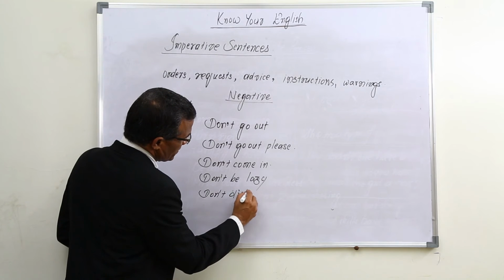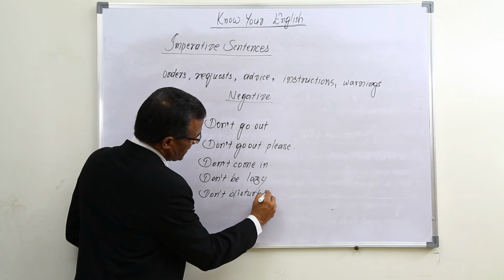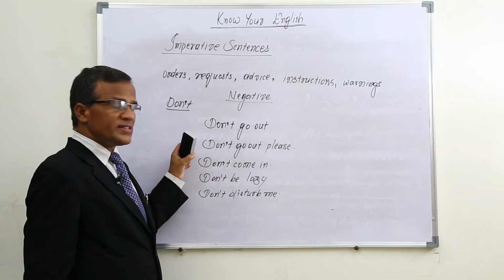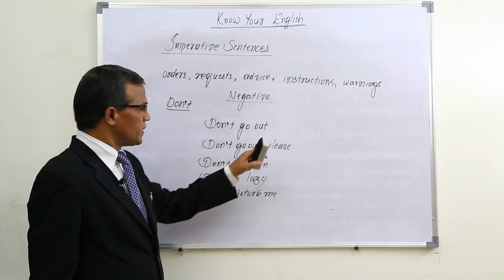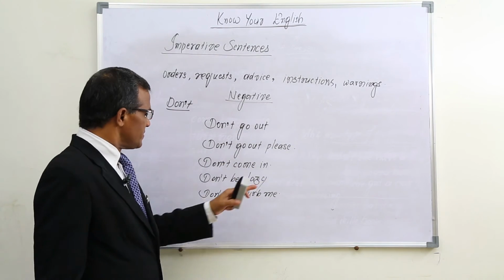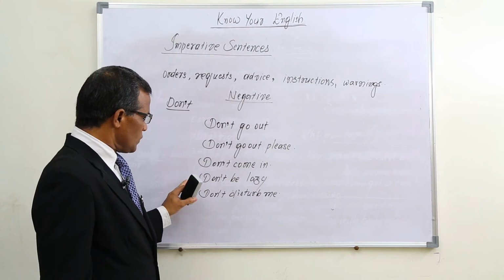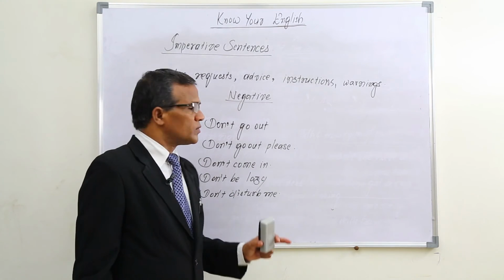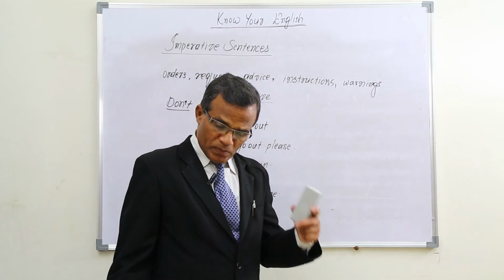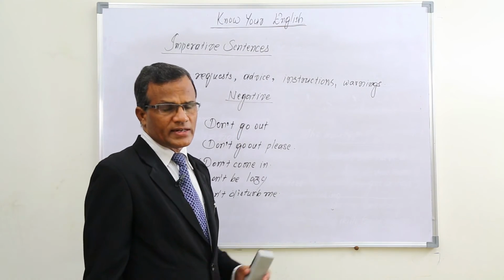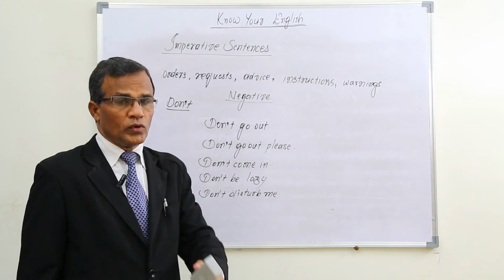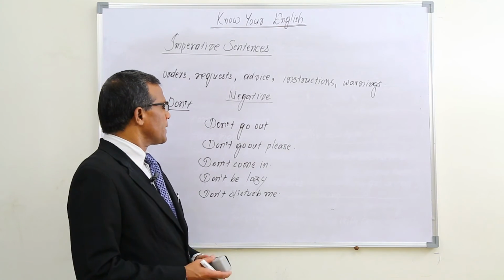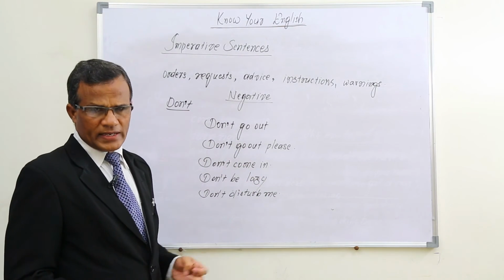Here also you is understood. You don't go out. You don't go out, please. You don't come in. Don't be lazy means you don't be lazy. You don't disturb me. So in negative imperative sentences also, you is understood. As we are talking to the person directly, we don't use you. This is about negative imperative sentences.